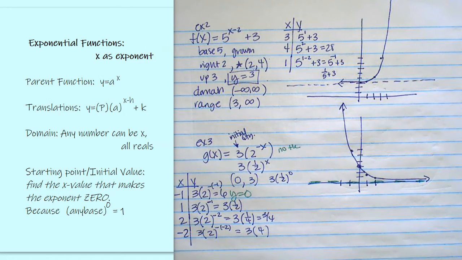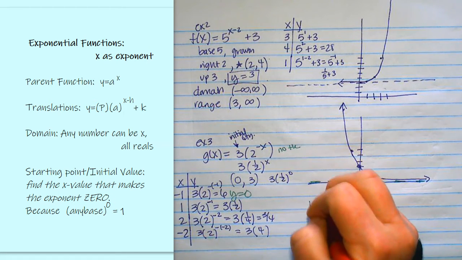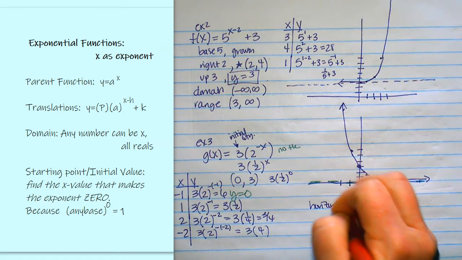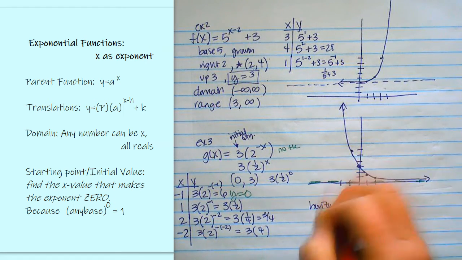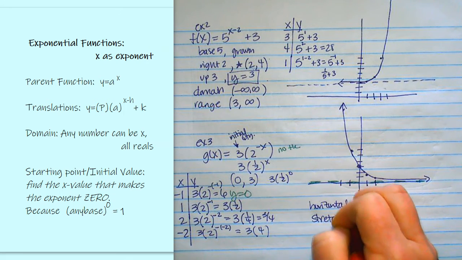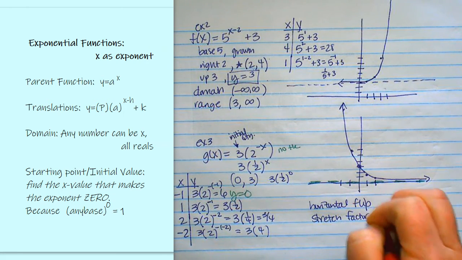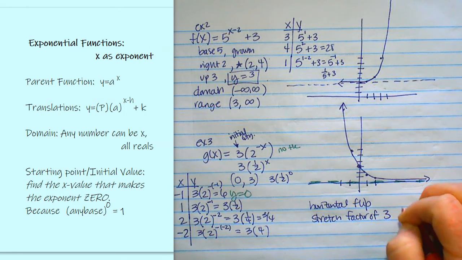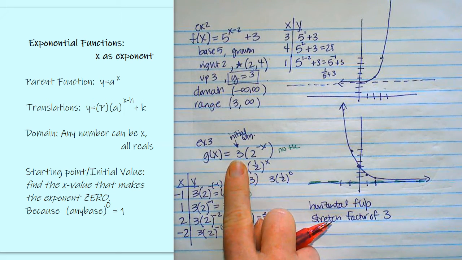All exponential functions have an asymptote. And so you have to include that in your graph. So I didn't really talk about the shifts here. I can say this has a horizontal flip. It has a stretch factor of 3, that initial condition that we started with.